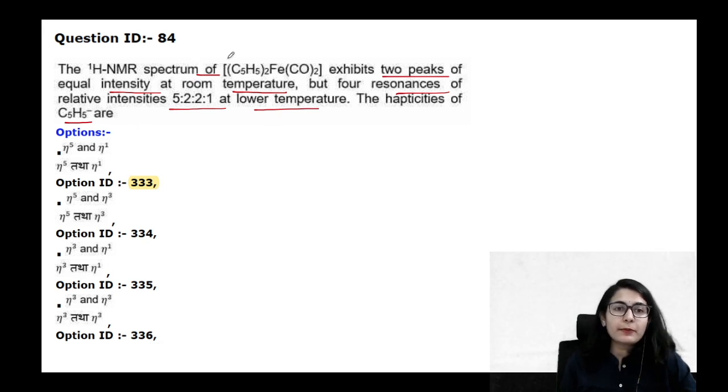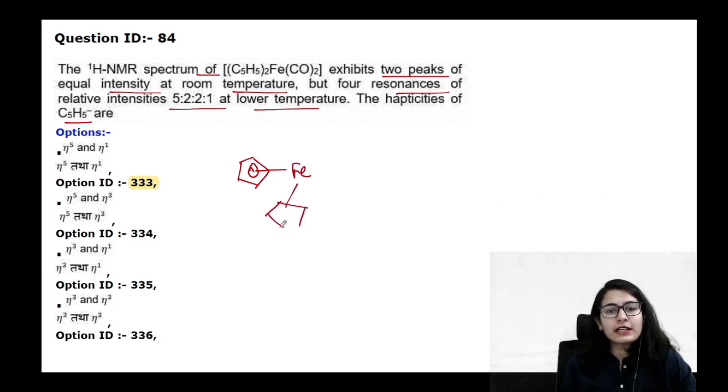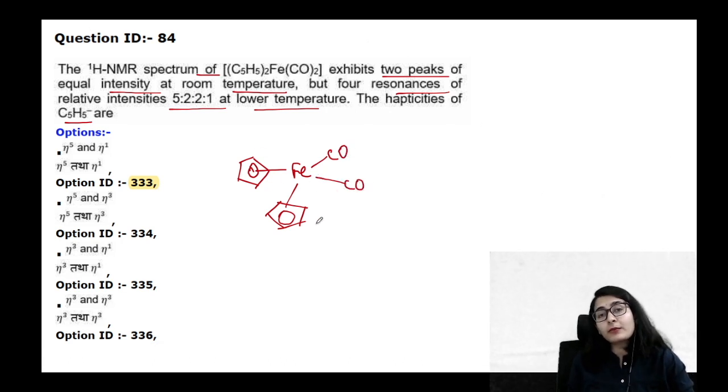Now the proton NMR spectrum, when these type of questions appear, first of all, let's count the number of electrons. Let's say if I'm taking both of the rings to be eta 5, how many electrons would there be? Eta 5 and eta 5 will give you 10 electrons, plus 8 from the iron, plus 4 from the carbonyl.